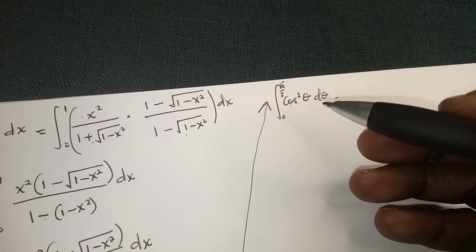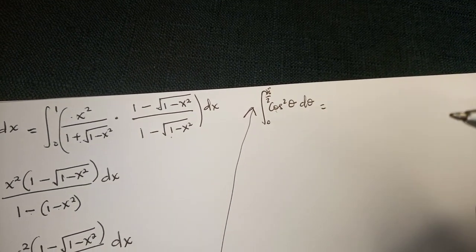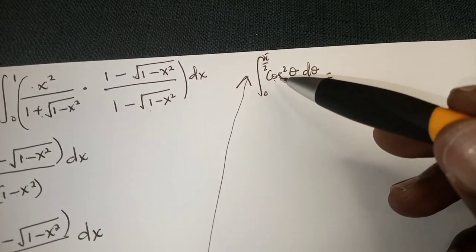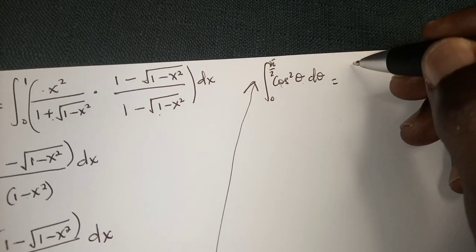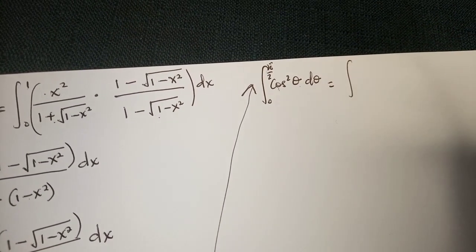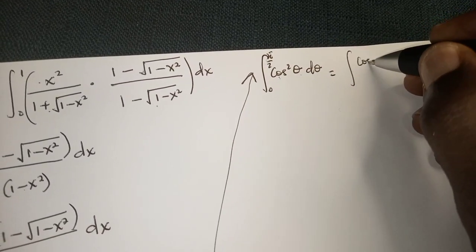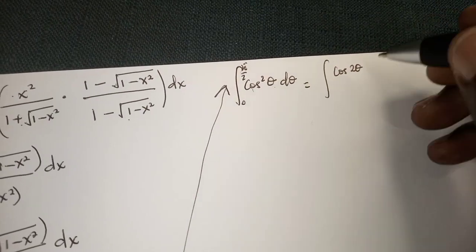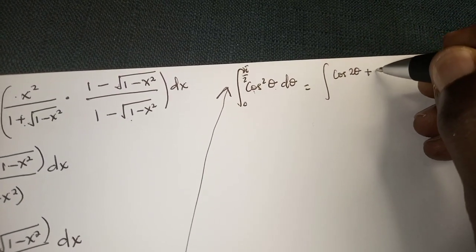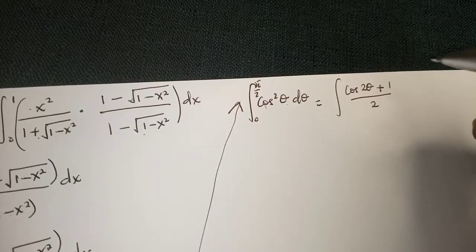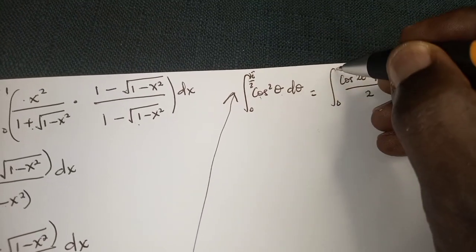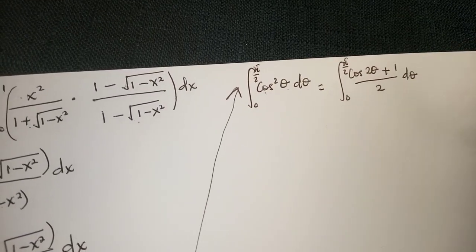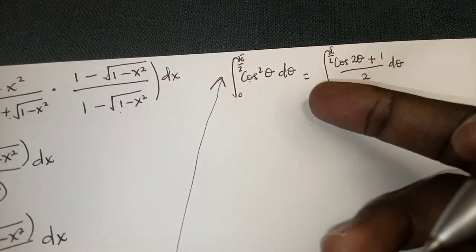I also have a video on that one, so you may check it out. Cos squared theta is the same as cos 2 theta plus 1 on 2, so we use a double angle for that, from 0 to pi on 2 d theta. Now we can easily integrate.